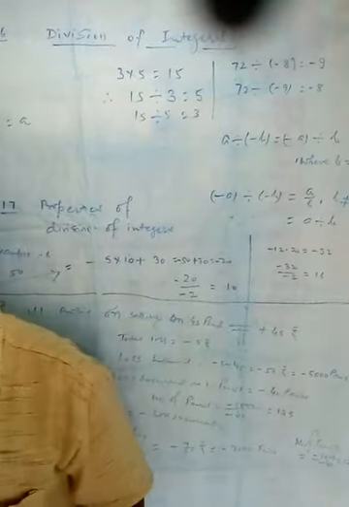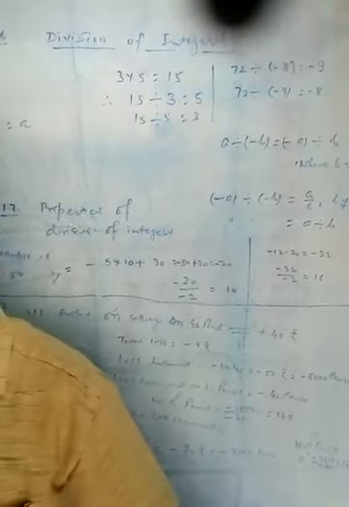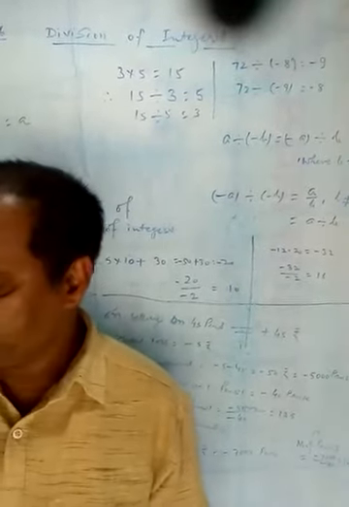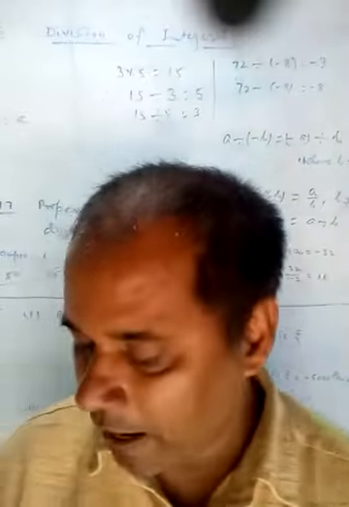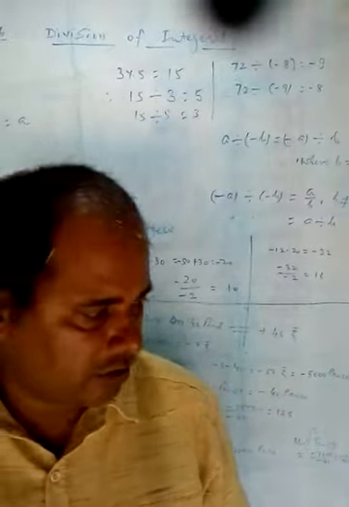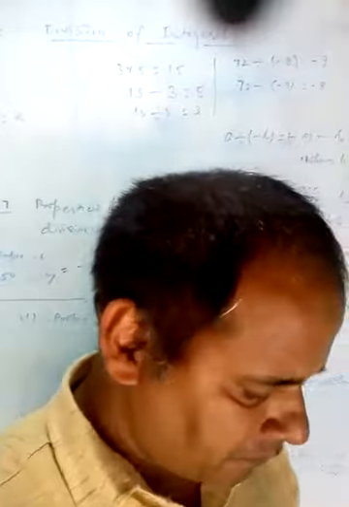The total loss given is equal to 5 rupees, which we denote by minus 5 rupees. So profit earned plus loss incurred is equal to total loss.